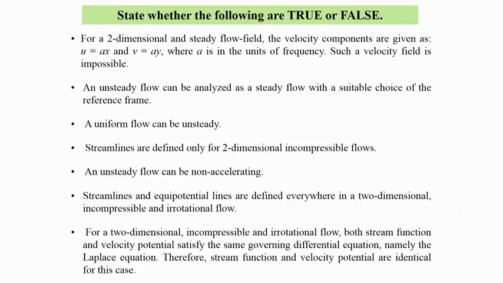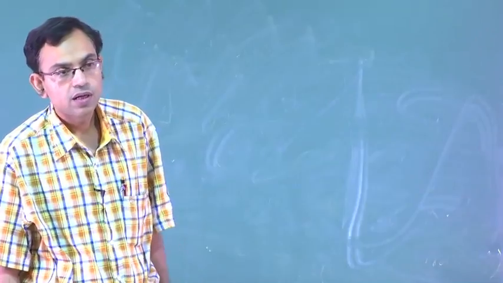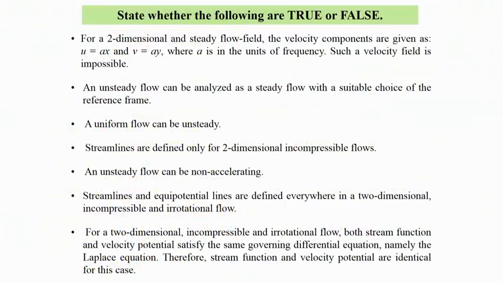The first question that we will take up today is this question: streamlines and equipotential lines are defined everywhere in a two dimensional incompressible and irrotational flow.